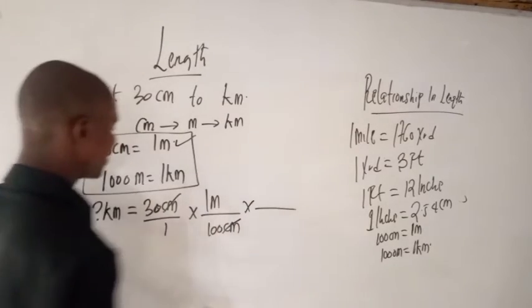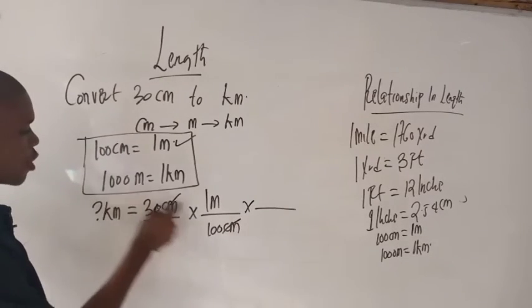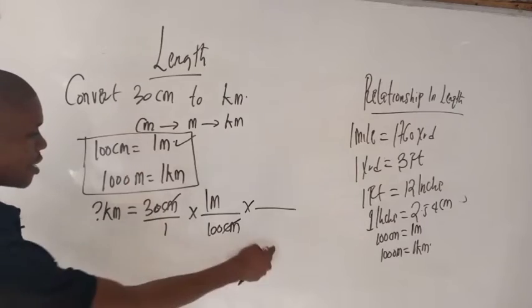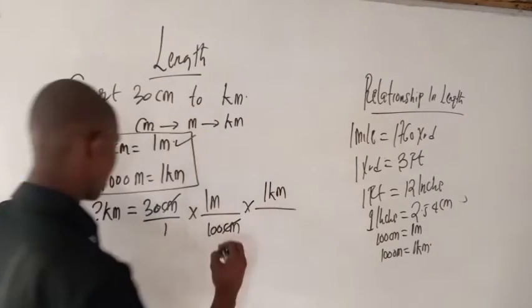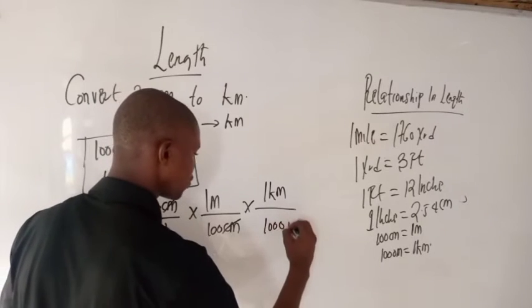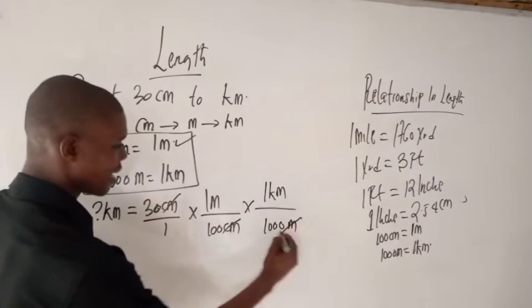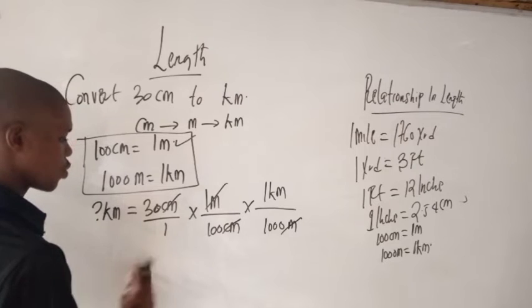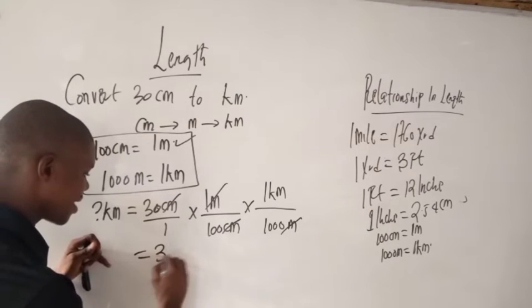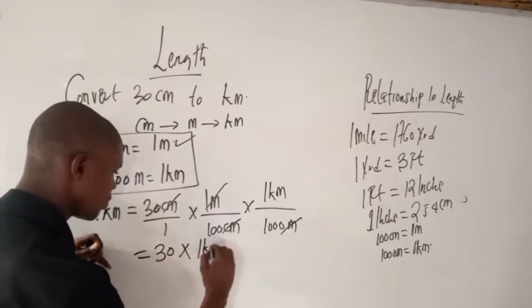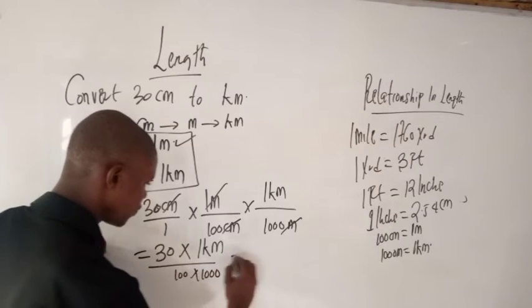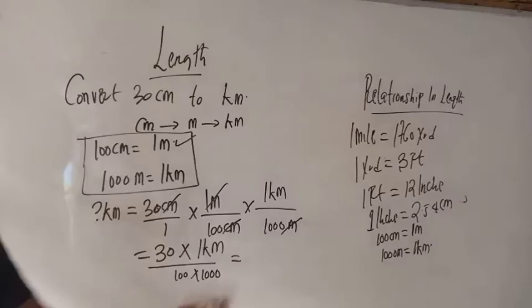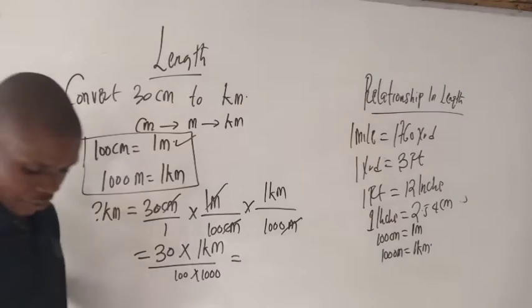Times the next one. Because my meter is already at the top, this one will go to the bottom, and the kilometer will be at the top. So we have 1 kilometer over 1000 meters. Meter and meter go out. So what we have here is 30 times 1 kilometer over 100 times 1000.